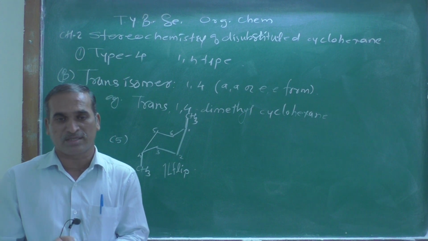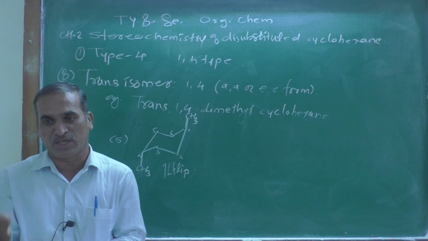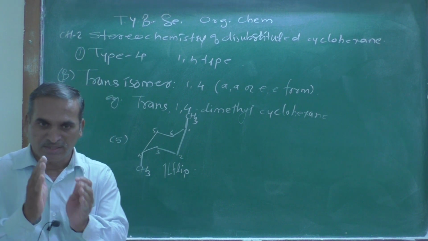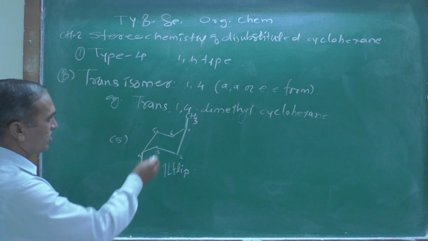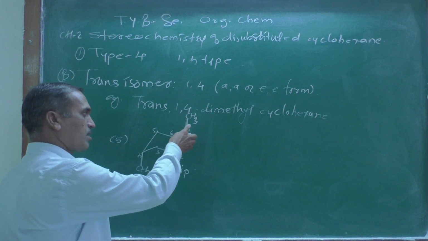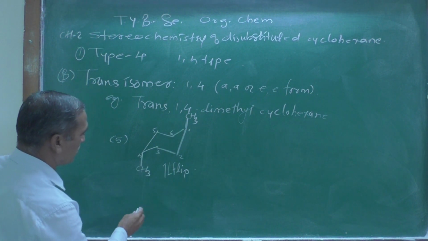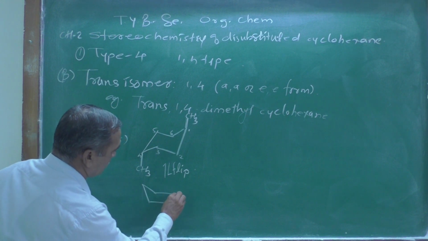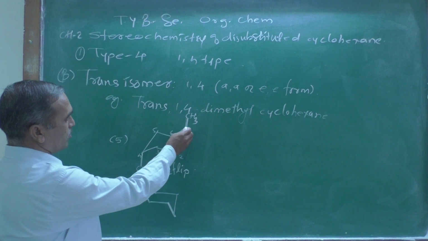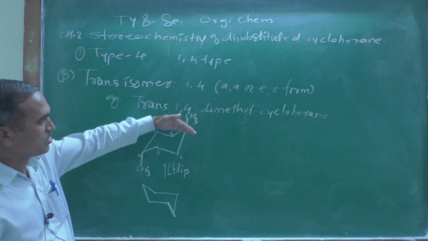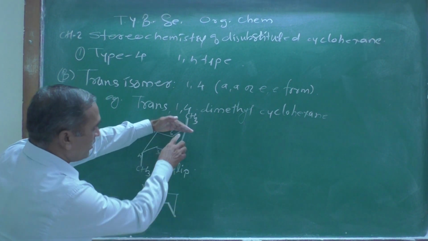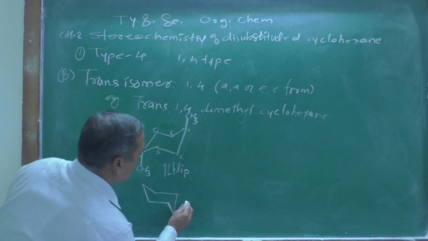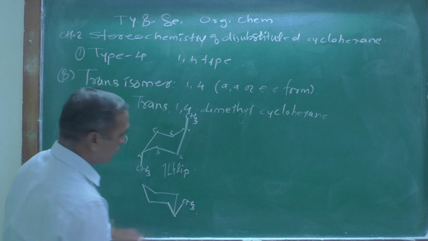During that process, axial bonds become equatorial, and equatorial bonds become axial. The carbon atom that was above the plane goes below the plane, so we get another structure, this one. The axial methyl group which was above the plane becomes equatorial after the flipping.